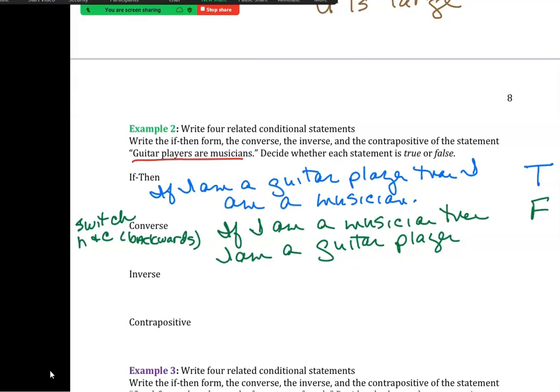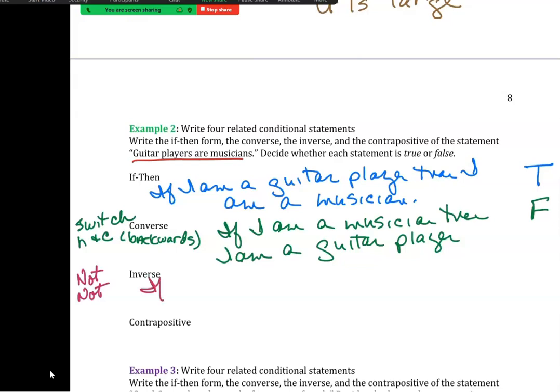Okay, let's go to the next one. Inverse. I'm going to say not, not. Go back to your if-then. If-then was, if I am a guitar player, then I am a musician.